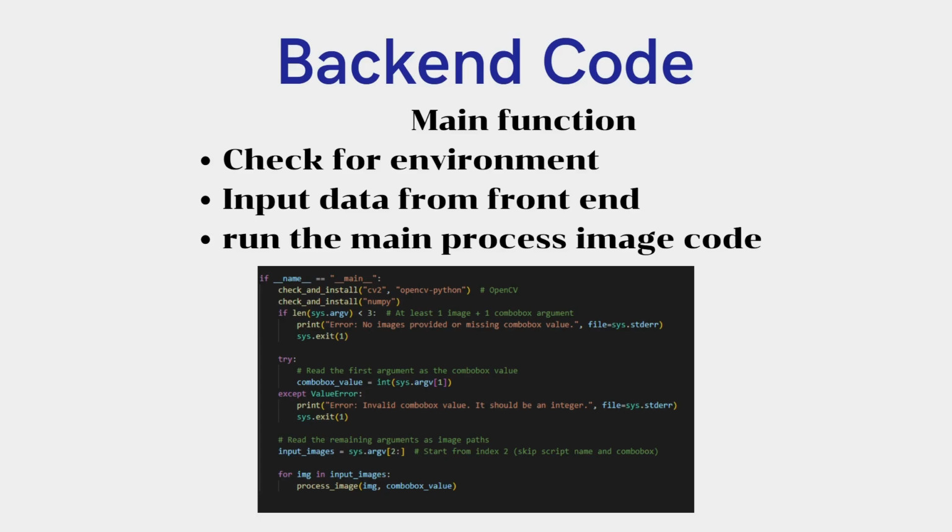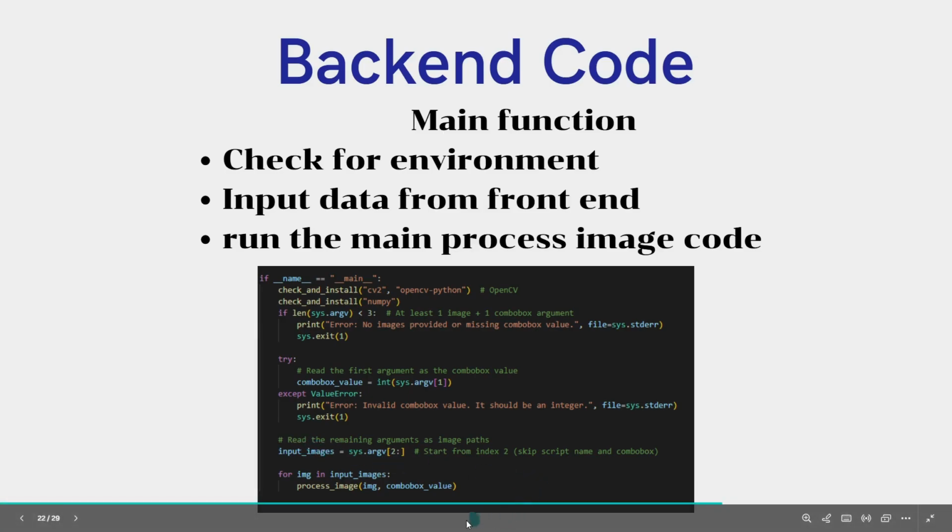Argument 0 is the Python file that we need to run, the second argument is the images, and the third is the combo box value. And then it runs the process image code, which runs everything else.